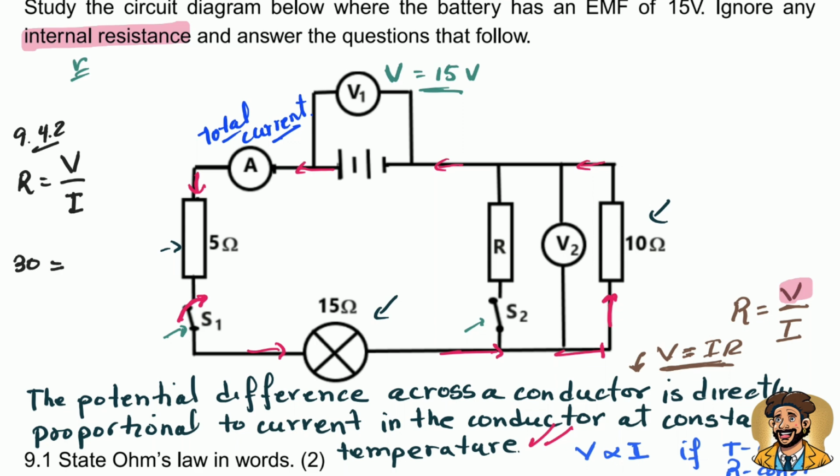The potential difference is the total one, which is 15, and the current is going to be I. So when you rearrange this one, you get that I is equal to 15 divided by 30, and therefore current is going to be equal to 0.5 amperes. And then marking-wise is quite simple. There are 3 marks. One for the formula, one for the substitution, one for the final answer. Quite simple, that specific question.